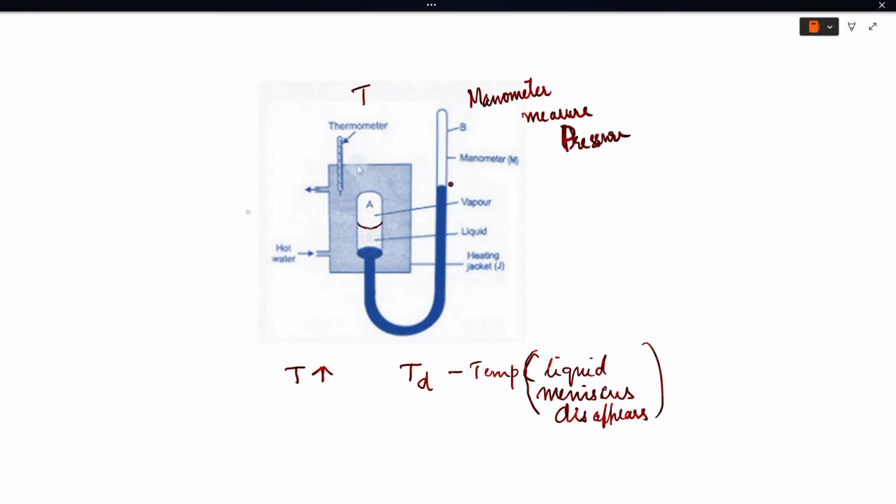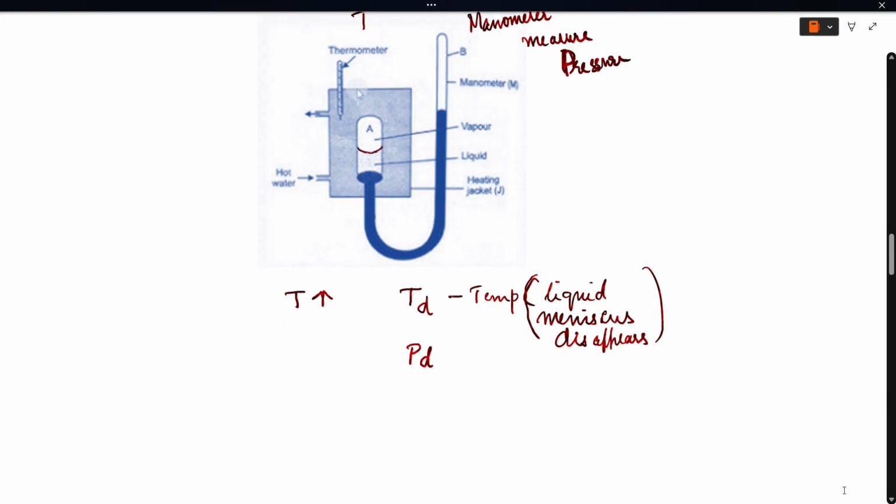Next step, one more point, this is TD and the corresponding pressure is measured from the manometer. Let the pressure be PD, that is the pressure at which the liquid meniscus disappears. Next, I am going to lower the temperature. Now the whole system is in the gaseous state.